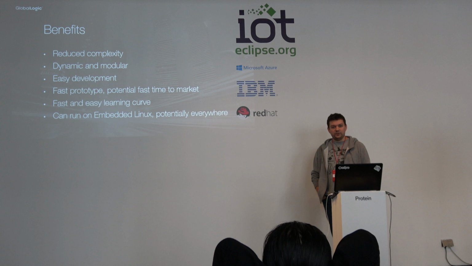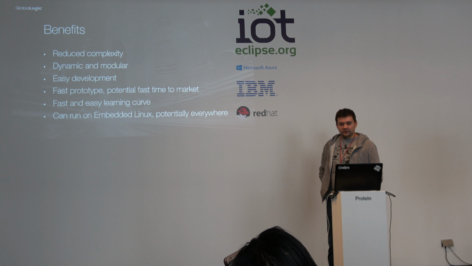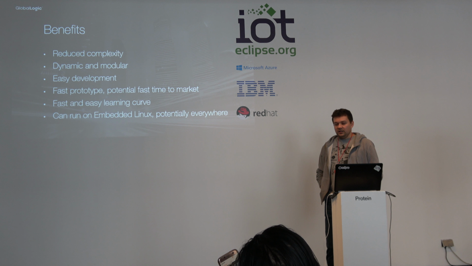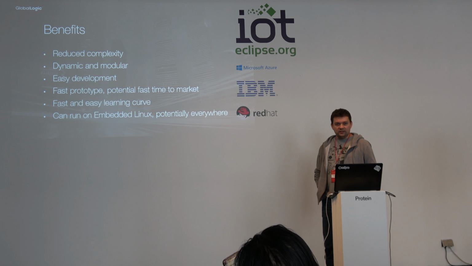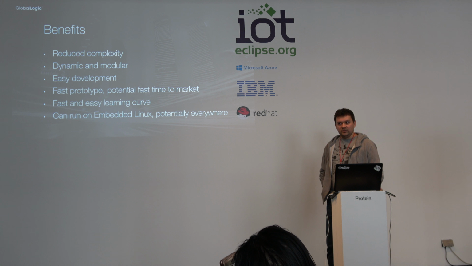I don't need to restart my gateway. Easy development: it is plain Java with some additional metadata, and it's not really hard to start developing. In contrast, if you choose, for example, plain C or C++ for a gateway, it will increase the complexity a lot.